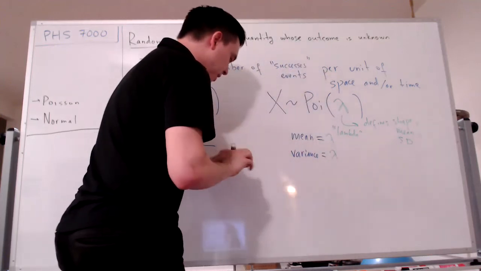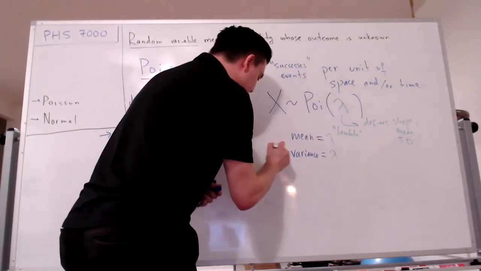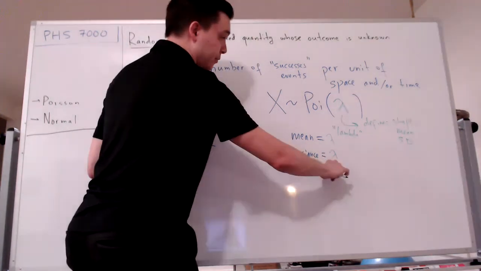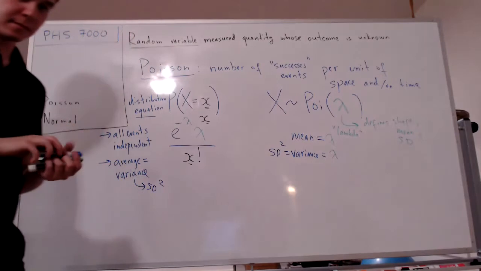Again, the variance is just the standard deviation squared. So the standard deviation is the square root of lambda.